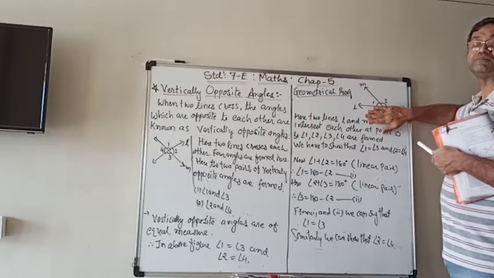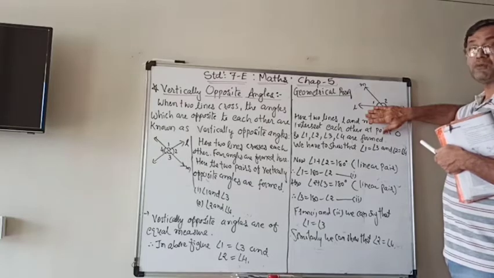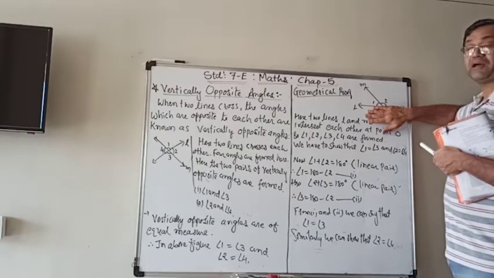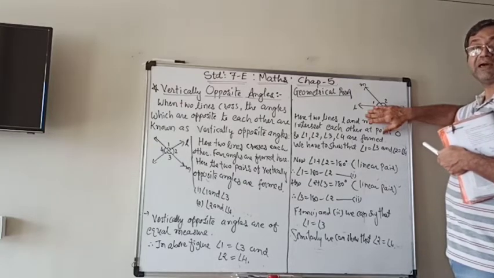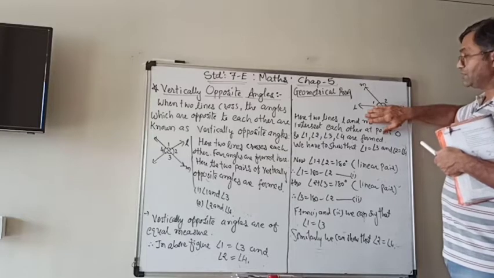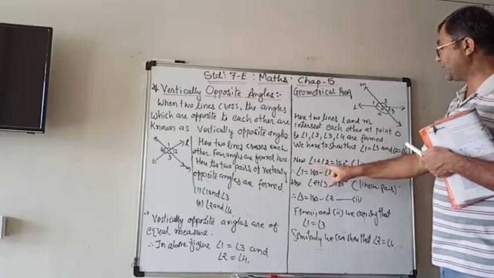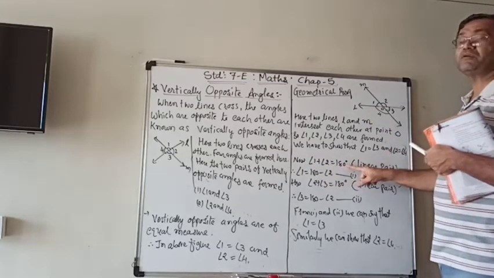Linear pair. Angle 1 and angle 2 form a linear pair, and the angles of a linear pair are supplementary. So here angle 1 plus angle 2 is equal to 180.